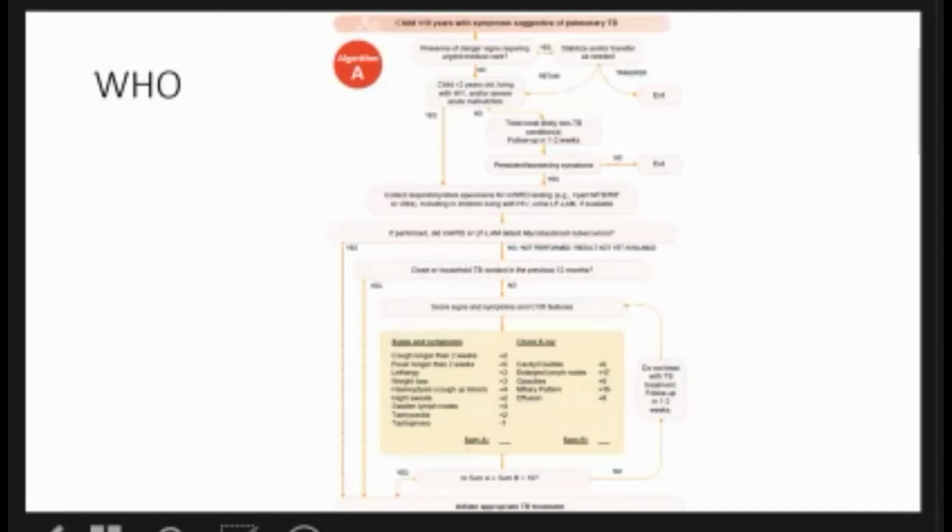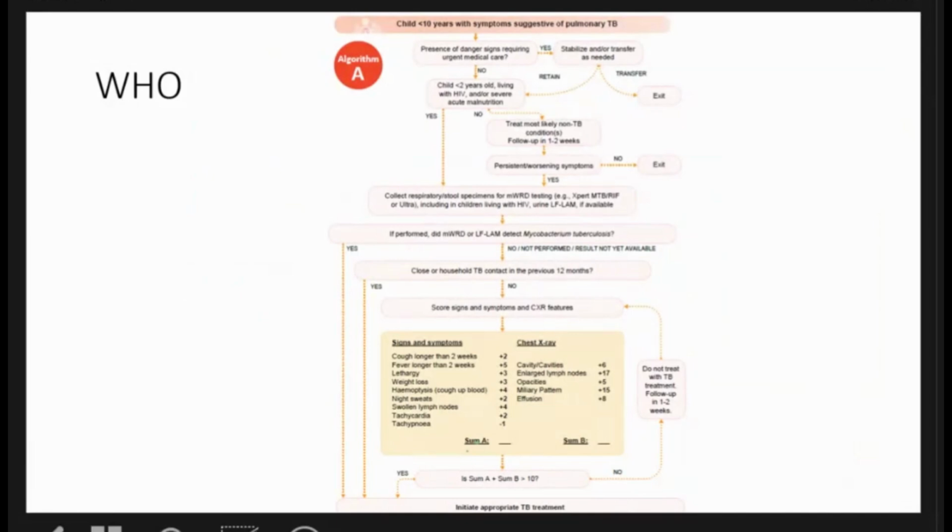But the WHO guideline or WHO algorithm is a bit different, and they also have a little bit lower threshold to diagnose TB. I don't know whether it is very clear to you, but according to my opinion, it is less practical in pediatric practice, because if all the investigations are negative but we are still clinically suspecting, they have introduced a scoring system.